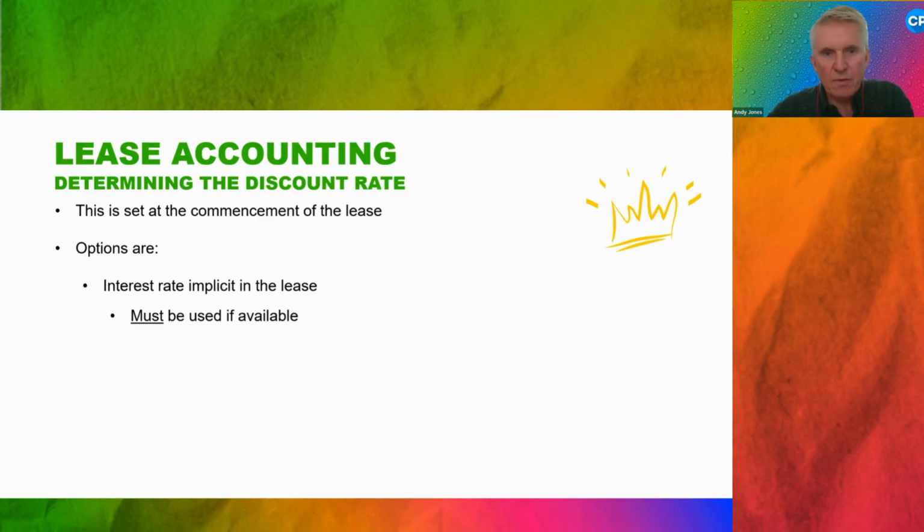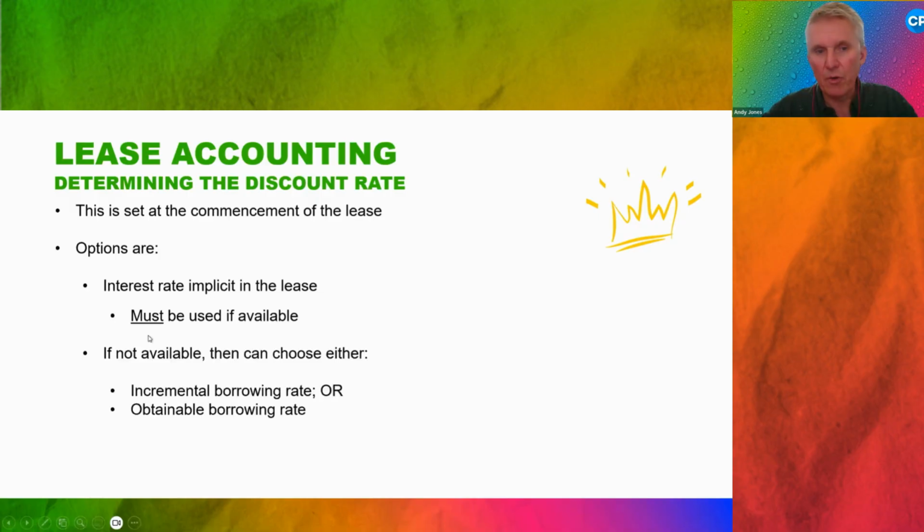If that's not available, then you've got two further options. You can either use an incremental borrowing rate, or you can use an obtainable borrowing rate. The incremental borrowing rate is, as the SORP says, the rate of interest that you, as the lessee, the charity, would have to pay to borrow over a similar time, with similar security, the amount of money necessary to obtain an asset of similar value to the right of use asset that you've calculated.